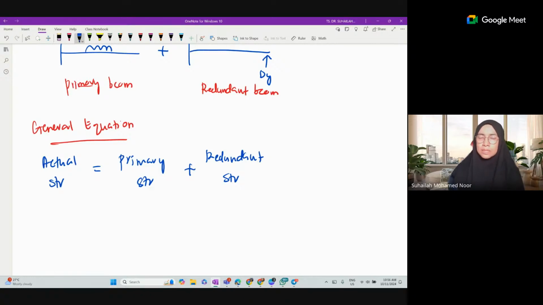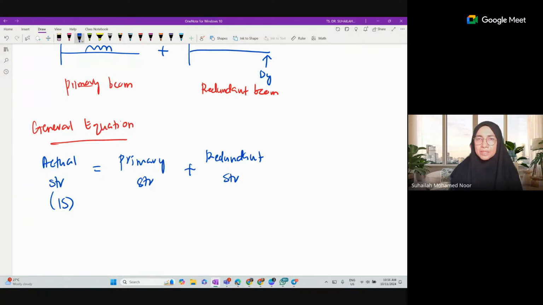In actual, the question given is an indeterminate structure, an indeterminate beam, for example. In an indeterminate beam, there are 4 unknown reactions that cannot be determined using only equilibrium equations. So what we need to do is apply the principle of superposition.